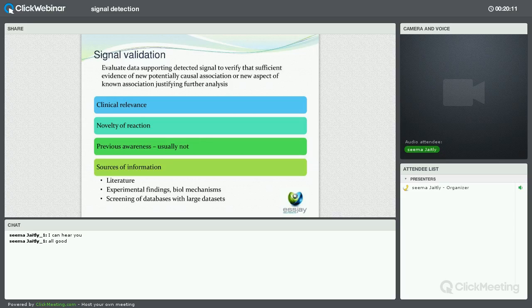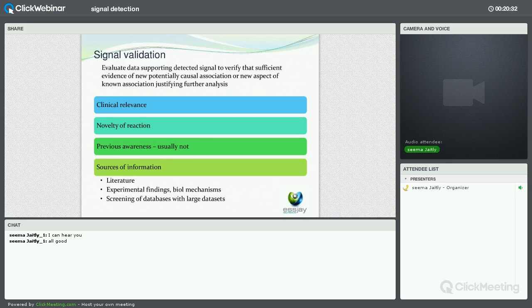And you need to take various things into consideration when deciding whether a signal is validated or not. The clinical relevance, the novelty of the reaction, the previous awareness, because usually these are new things that have come about, and looking at information around that whole alert.